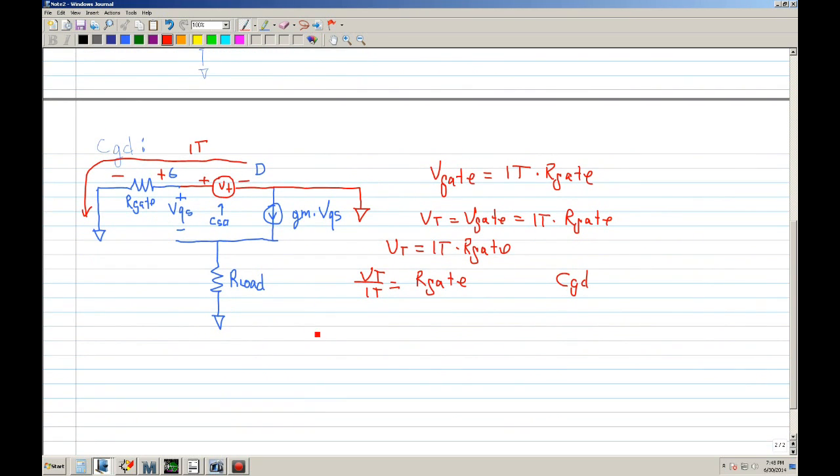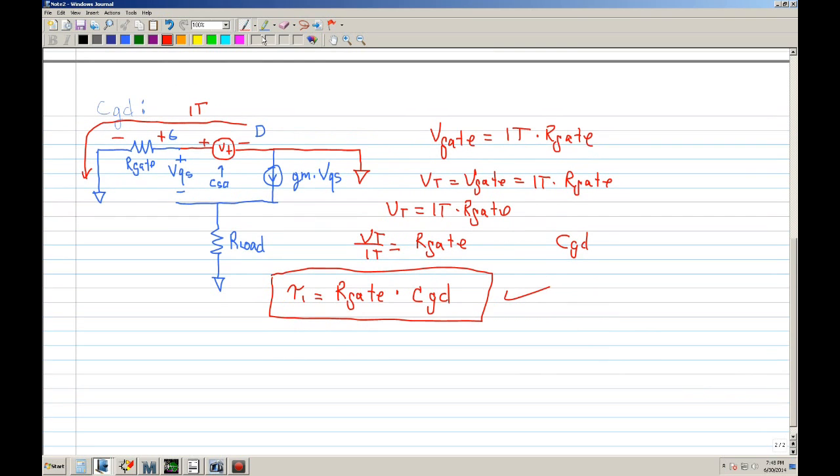Okay, so in this case we can say that tau is going to be R gate times CGD. So that's pretty simple.